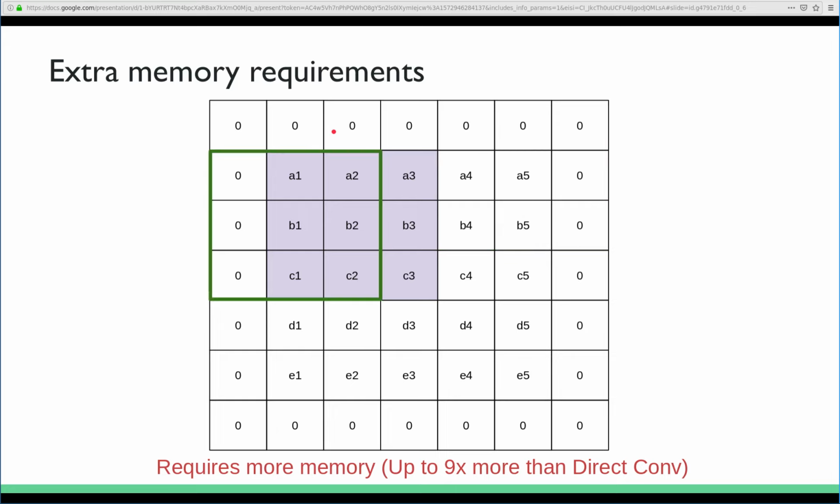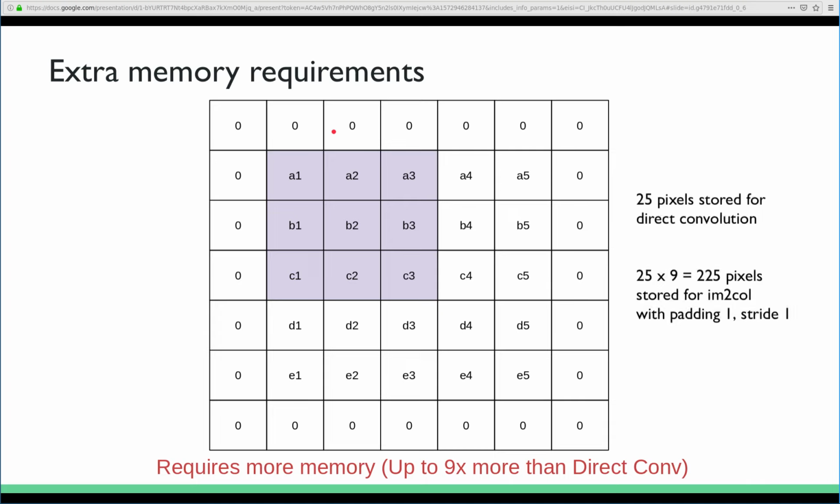What this results in the end is 25 times 9, so 225 pixels needed to store this 5 by 5 image, whereas for a direct convolution, we just have those original 25 pixels that we needed to store. So in total, that's 9 times more memory that you're using in this sort of extreme case.